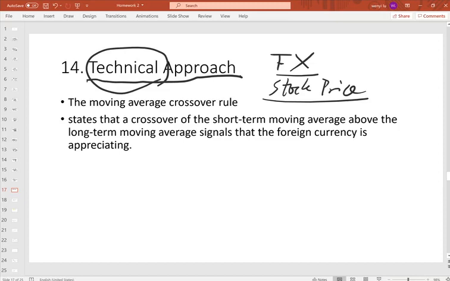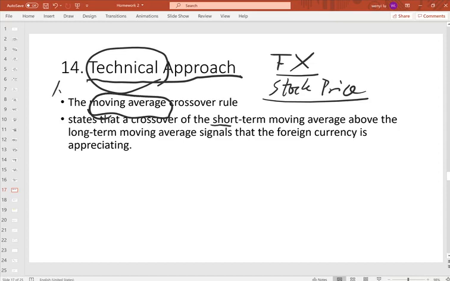For example, we can compare moving averages. In this approach we compare two moving averages.